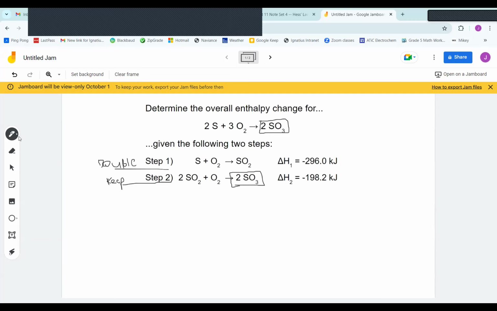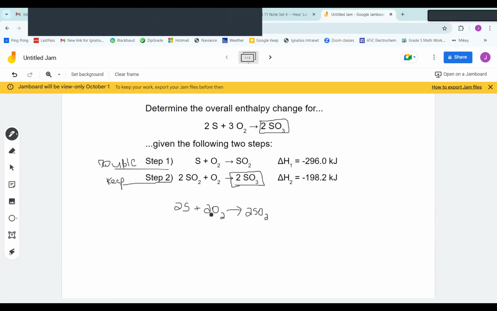Okay. If we double step 1, we'll end up with 2 S's plus 2 oxygens yields 2 SO2. I'm simply rewriting step 1, having doubled all of the coefficients. So instead of 1 S, I'm writing 2 S's.